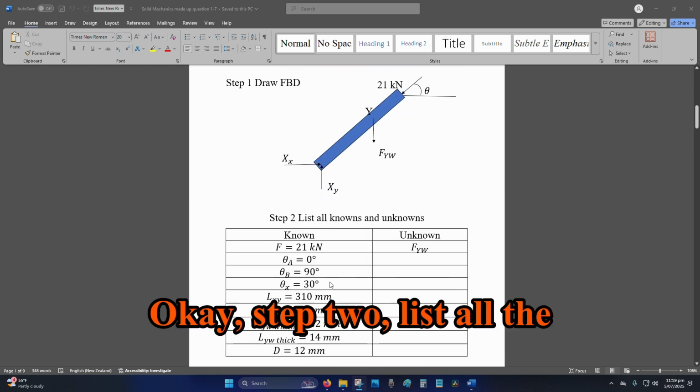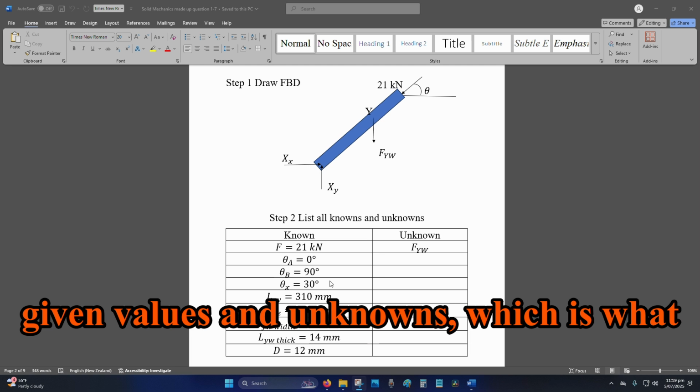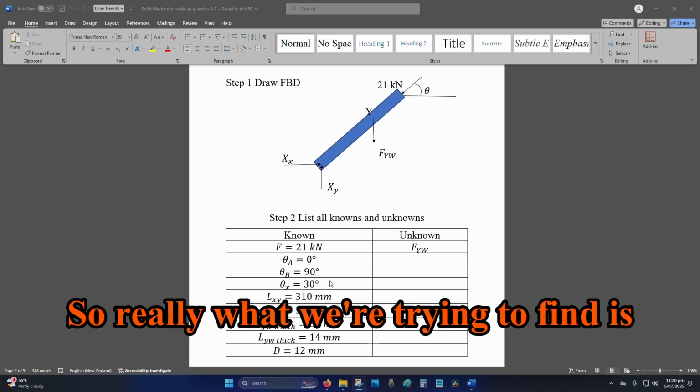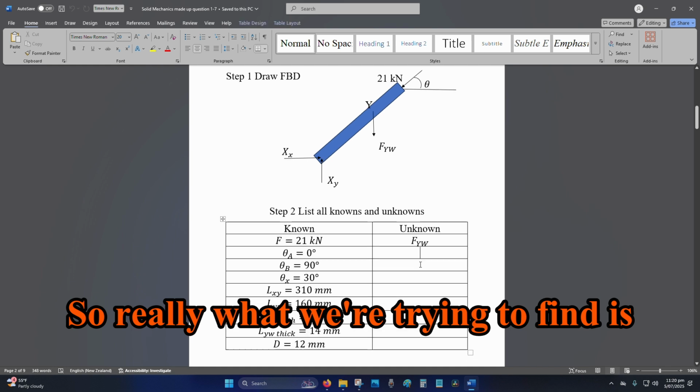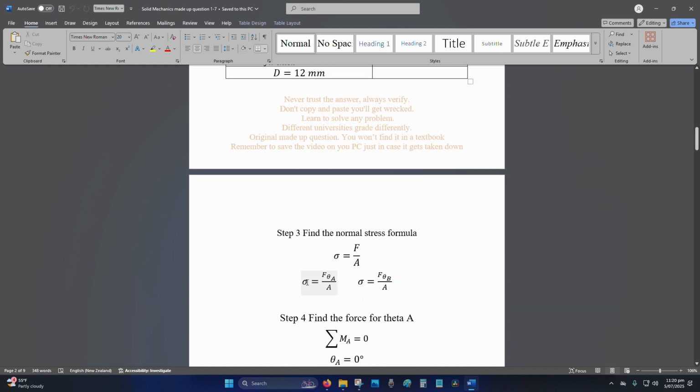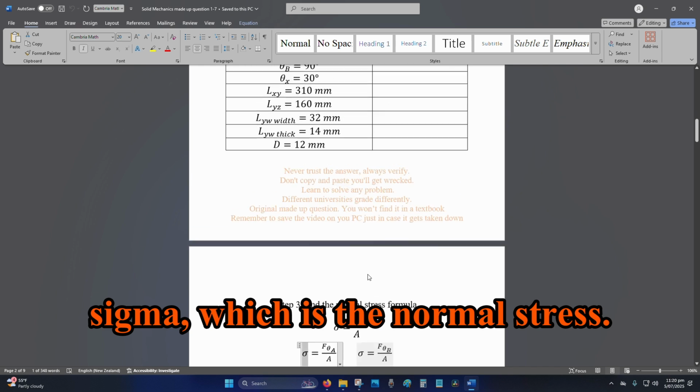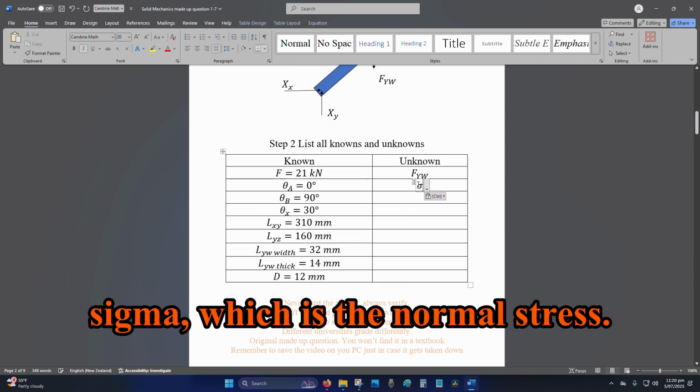Okay. Step 2, list all the given values and unknowns, which is what we're trying to find. So really what we're trying to find is sigma, which is the normal stress.